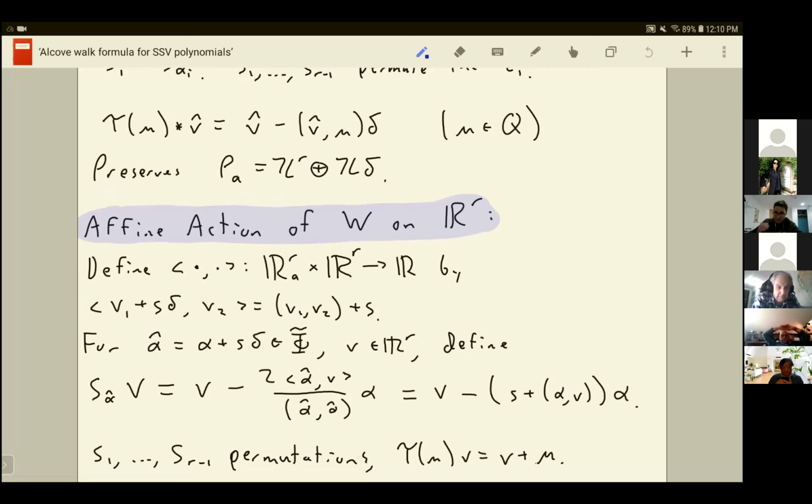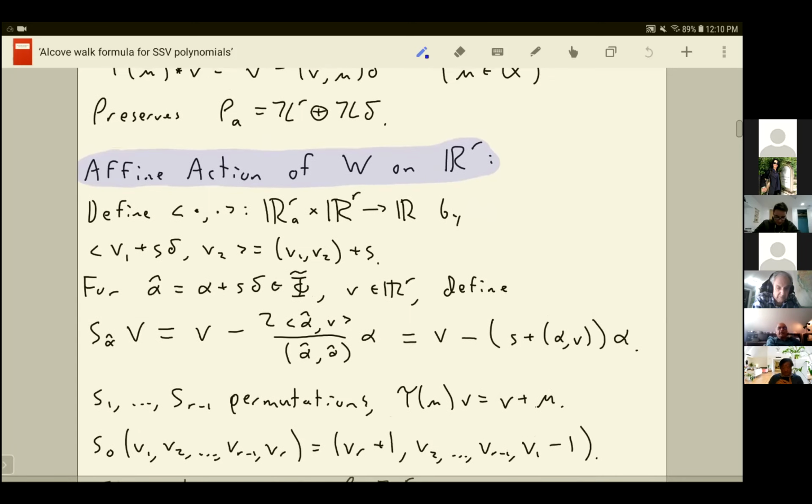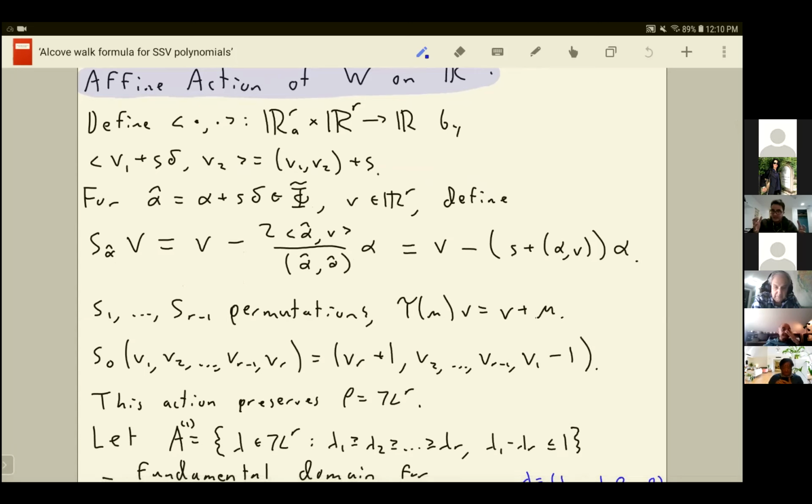Mu acts on nu by nu plus mu. And I just wanted to write out explicitly what the action of s_0 looks like here. What it's going to do is permute the first and last entries, and then add a 1 to the front, subtract a 1 from the end. So this is how the Weyl group will act on this space. And in particular, it preserves the weight lattice, the integer points.